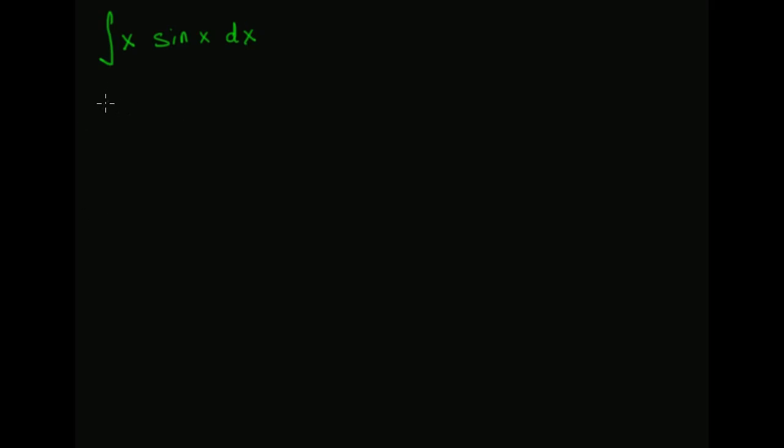So what we're going to do here is let u be x, and let dv be sine of x dx. Okay, so this is now the integral of u times dv, which is the left-hand side of my all-important formula.